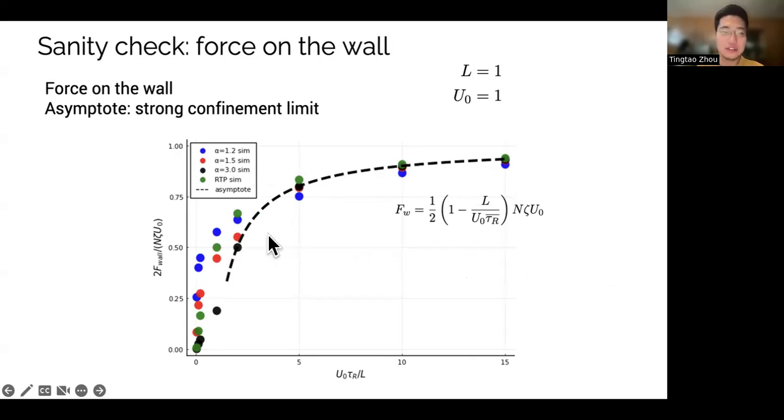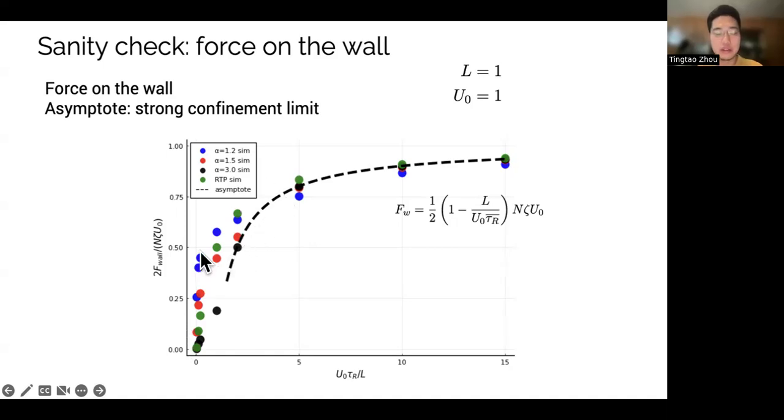One of the things we did, as a sanity check that the numerics is correct, is that we can also confirm the fraction of particles on the wall in the strong confinement limit, which we worked out with a simple analysis before deriving the fractional equation. That's plotted here as the black dashed line.